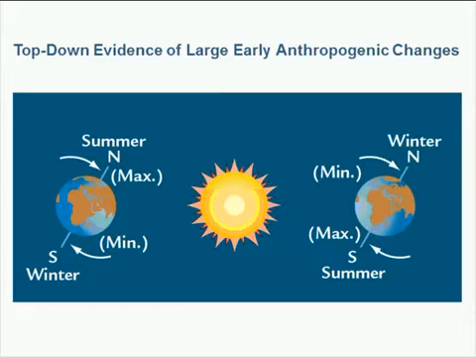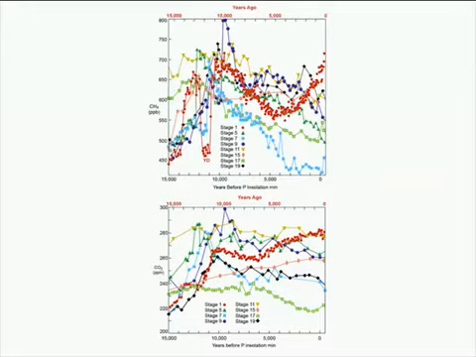So the next slide should show variations. It's kind of a spaghetti diagram plot. It should show variations of measured greenhouse gases, methane at the top, carbon dioxide at the bottom.